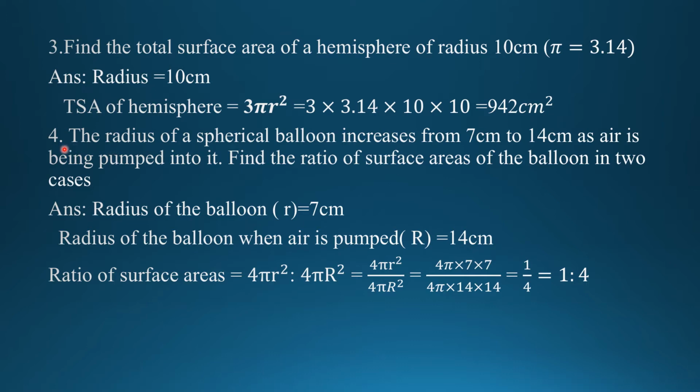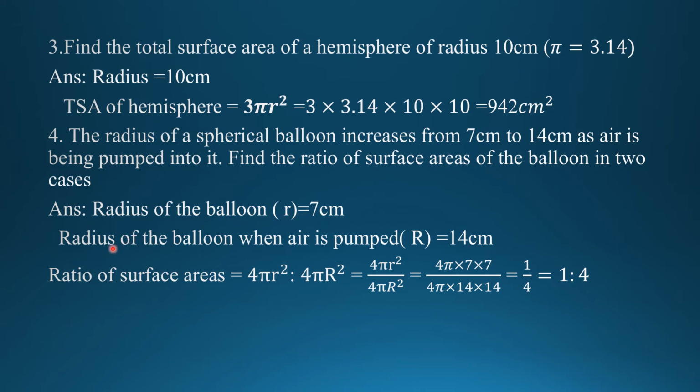Question number 4. The radius of a spherical balloon increases from 7 cm to 14 cm as air is being pumped into it. Find the ratio of surface areas of the balloon in two cases. In the first case, we are given the radius of the balloon, that is small letter r, equal to 7 cm.